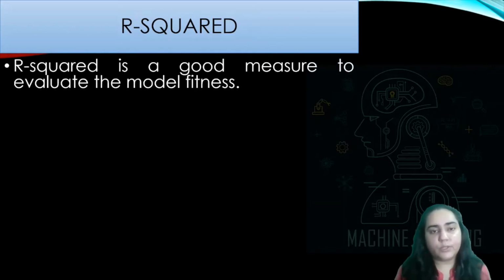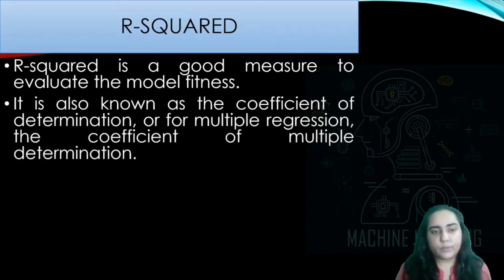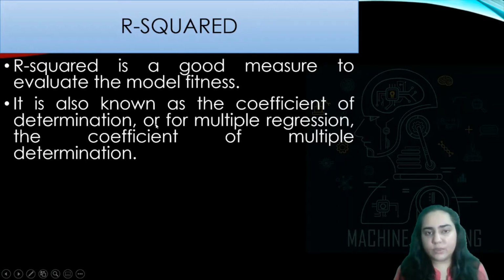Now, R-squared is another measure in which you can measure whether your regression model is doing well or not. So this R-squared is sometimes also called the coefficient of determination if you are using simple linear regression.